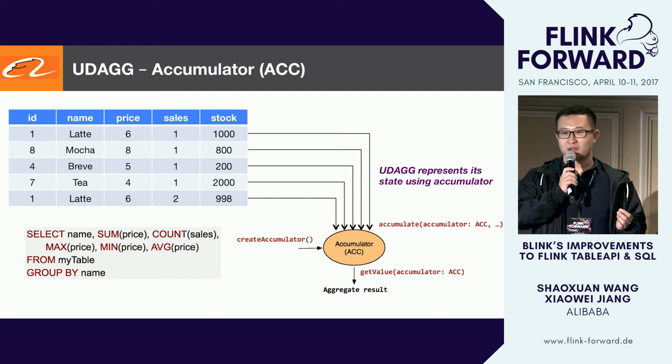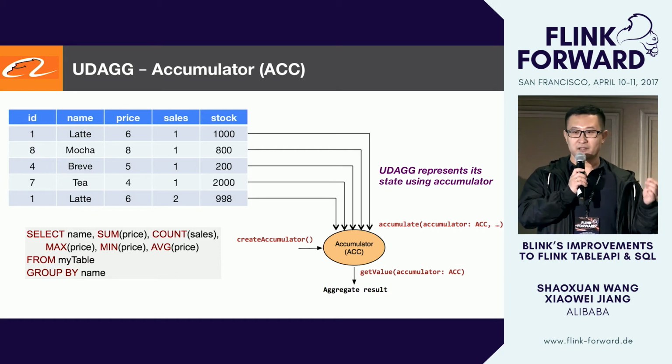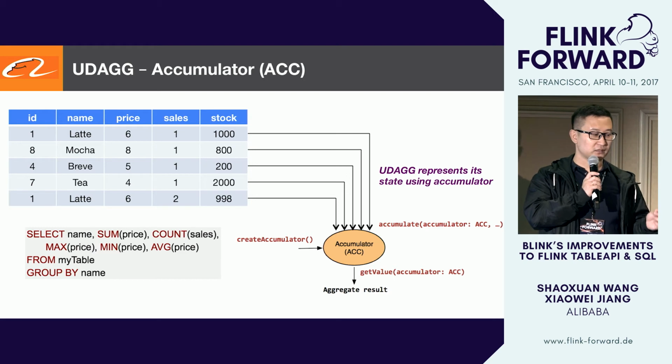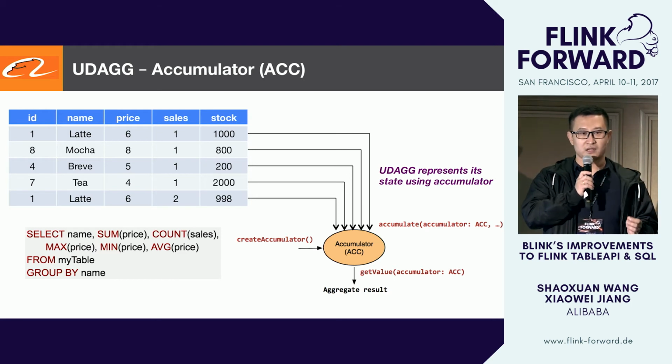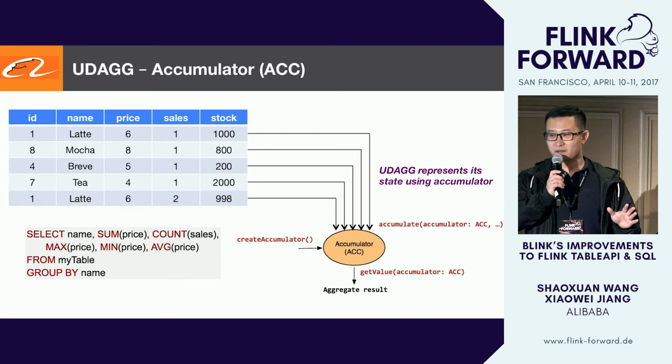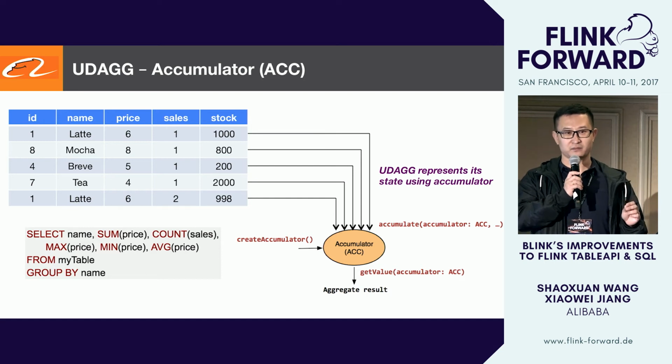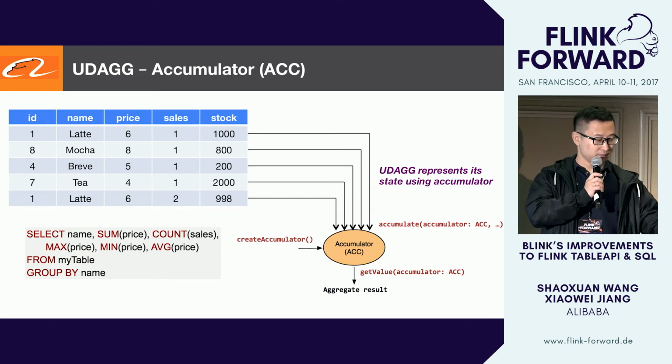So you need one function to create an accumulator, init accumulator. Then you apply the rows. The table has multiple rows, and you apply those rows to the accumulator. That's the method we call the accumulate method. And when the aggregation completes, you need a get value method to get the aggregation result. It's simple, and that makes the most simple UDAGG interface.